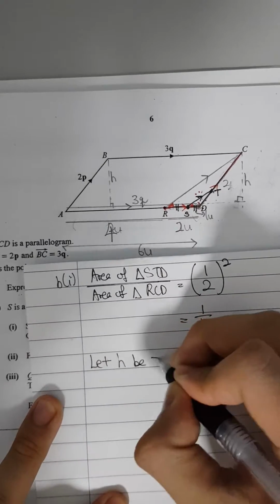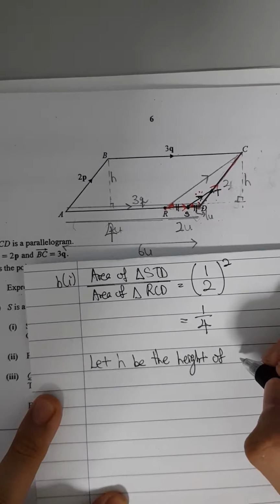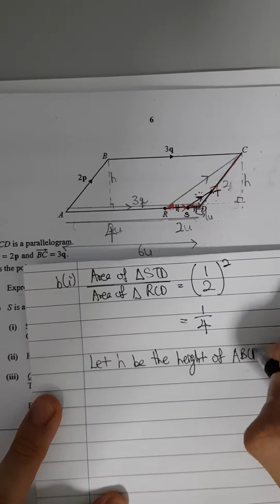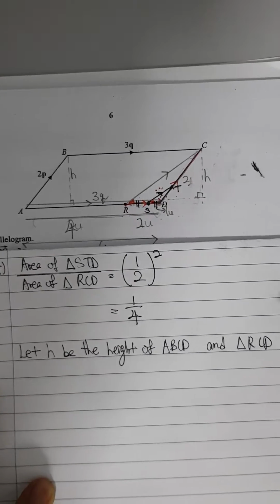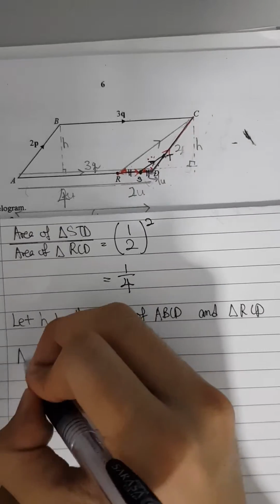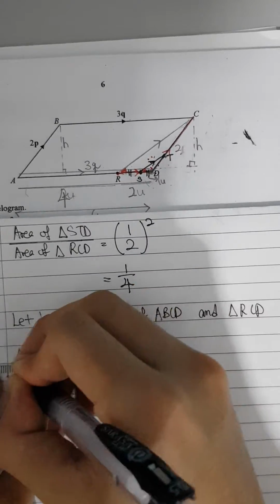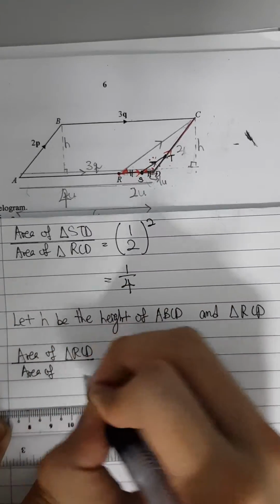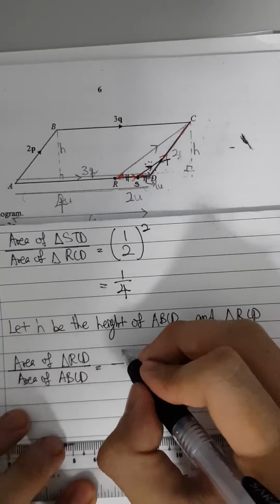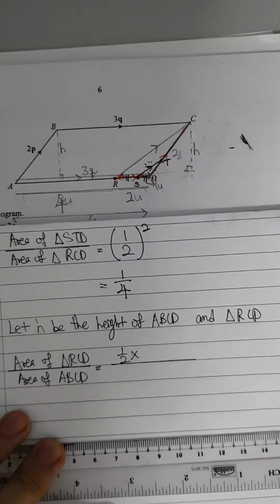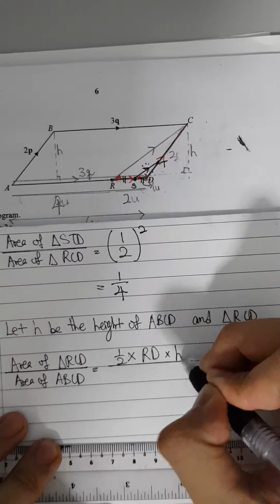Let H be the height of parallelogram ABCD and also triangle RCD. Area of triangle RCD over the area of ABCD. The triangle is half times the base, which is RD, times the height.